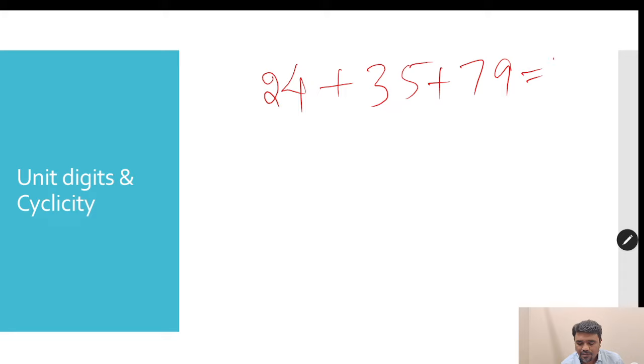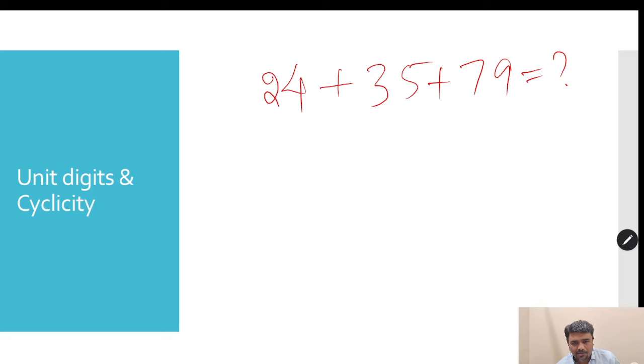Let us discuss the concept of finding unit digit. For that, first of all, you need to understand a few important points related to unit digits. For example, 24 plus 35 plus 79. Randomly, I took three numbers.